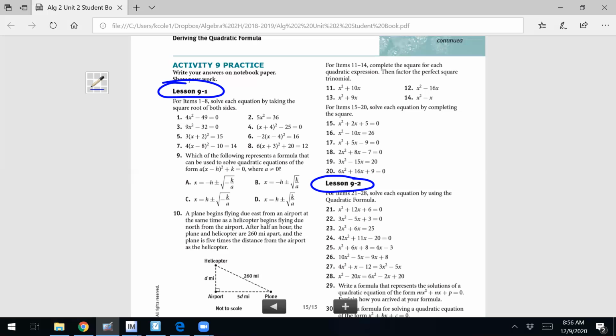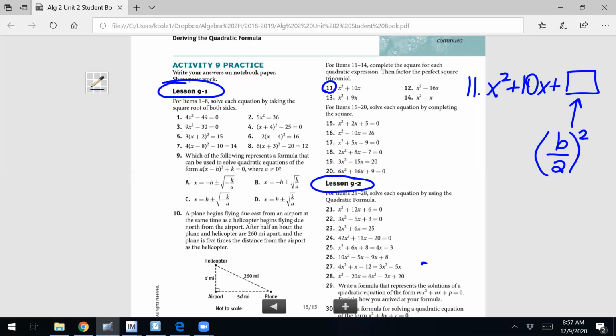So like on number 11, you are going to have x squared plus 10x plus the box. How do you get what goes in that box? That's right. B divided by 2 squared. So in this situation, who's B? 10. 10 divided by 2 is what?